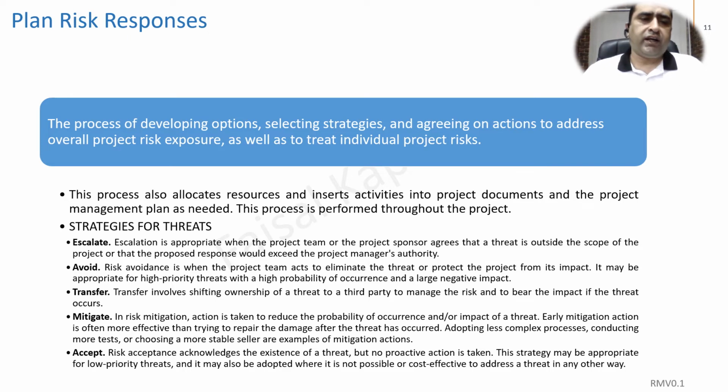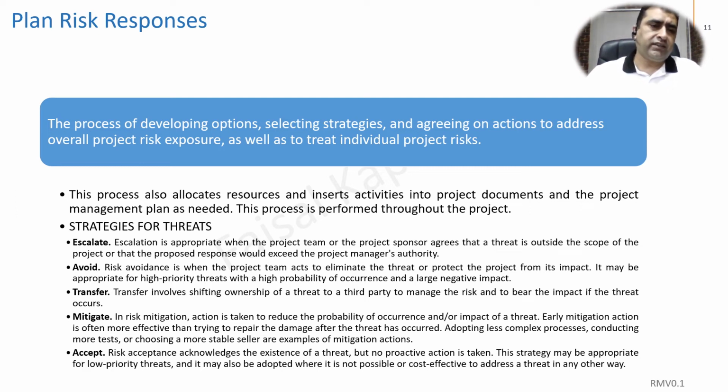Another strategy can be avoidance of risk. In risk avoidance we remove the particular threat to avoid that risk. For example, in a project you have a complex scope and one of the requirements is difficult to deliver on time. So we may think to exclude that requirement to avoid the risk of project delay.